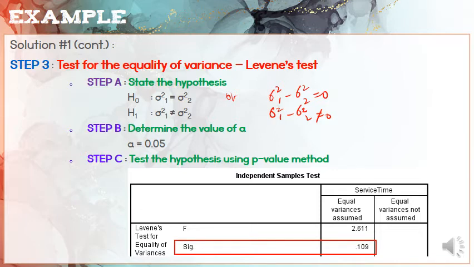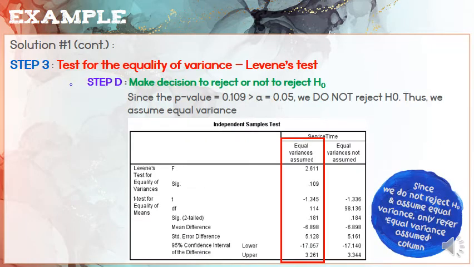Test the hypothesis using p-value method. Okay, this is the only method yang kita pakai untuk Levene test in our syllabus. So here, from the output, our p-value is equivalent to 0.109. So you have to make decision whether to reject or not to reject.